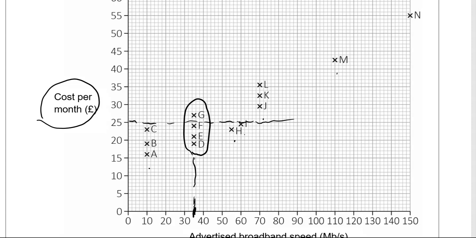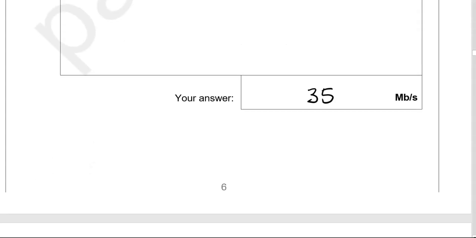So it would have G, L, K, J, M, and N. So that is 1, 2, 3, 4, 5, 6 of them. And that is 6 out of 7, 8, 9, 10, 11, 12, 13, 14. So 6 out of 14.